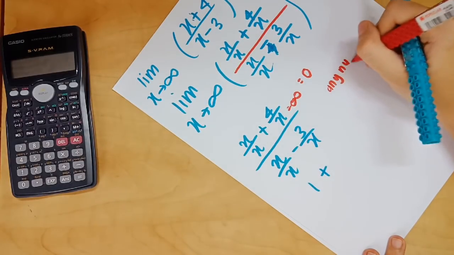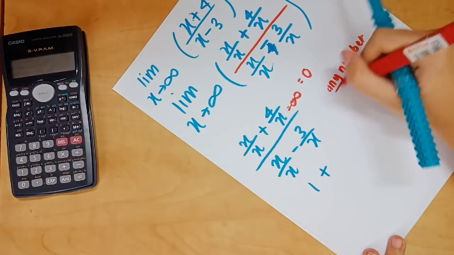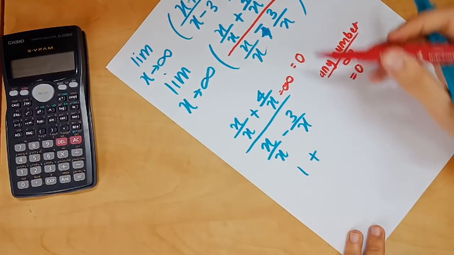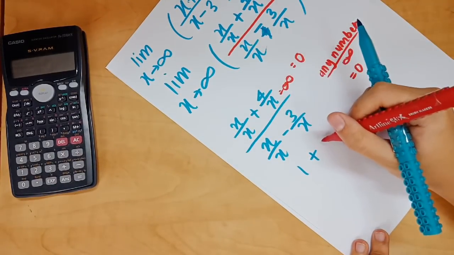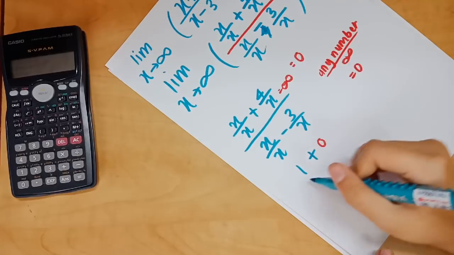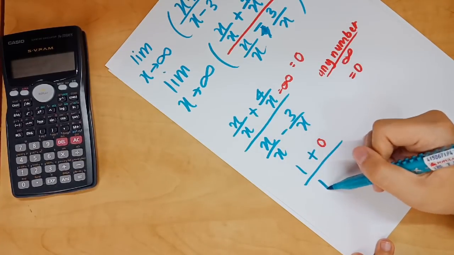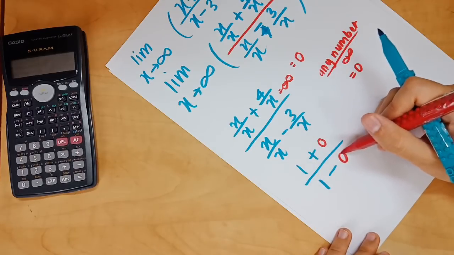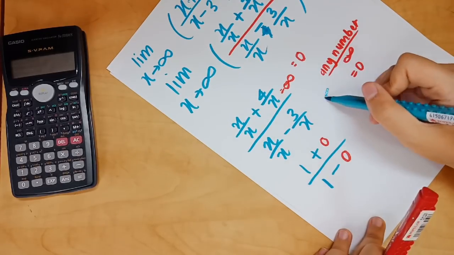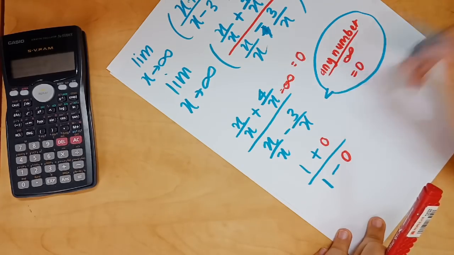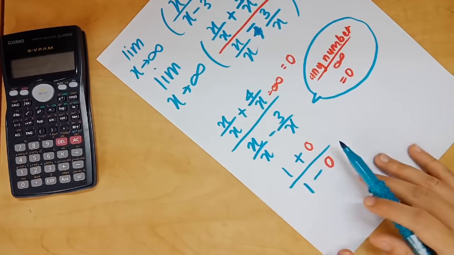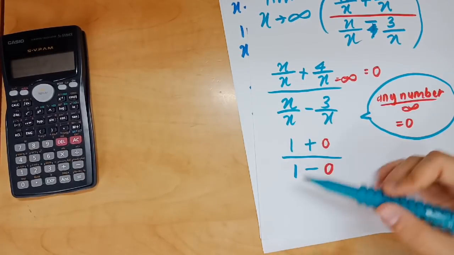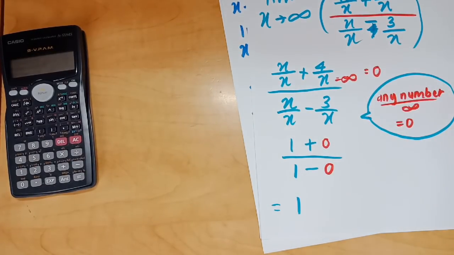Any number over infinity equals 0. Okay, so you have 4 over infinity, it is 0. And then you have x over x is 1. Minus 3 over infinity is 0 again. So you get 1 over 1. So your answer is 1.